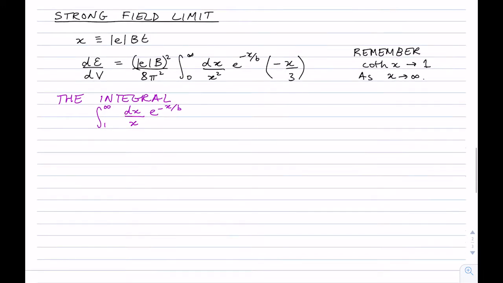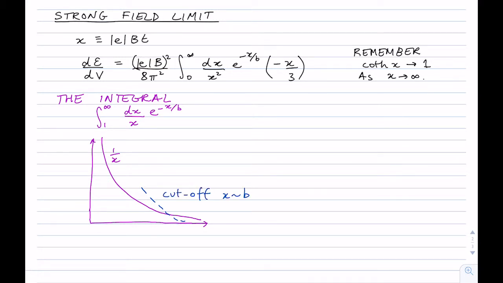So you've got an integral that looks like 1 over x, like this. And then at some point, that exponential comes in, and it's like a cutoff because it falls down faster. So the exponential doesn't do much when x over b is a small value, but it does a lot when x over b is a large value, and it cuts off this 1 over x.